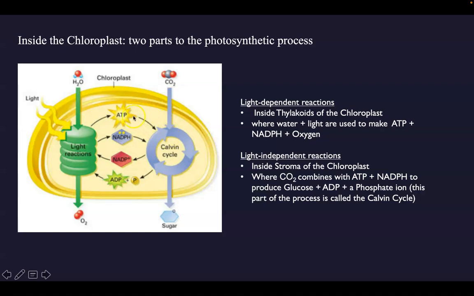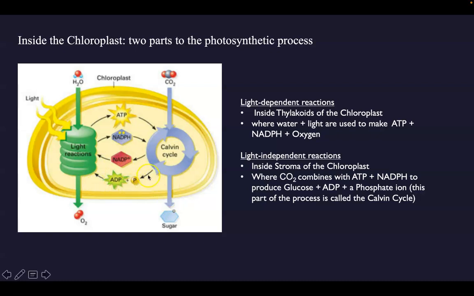So CO2 is going into this with ATP and NADPH. Our products are NADP+, a phosphate, an ADP, and sugar. Sugar is the main goal. So the Calvin cycle is what's happening inside the chloroplast to produce sugar.